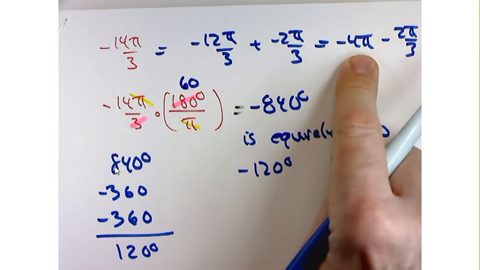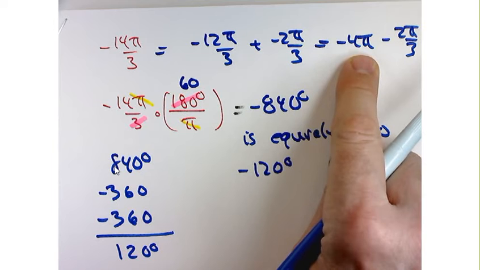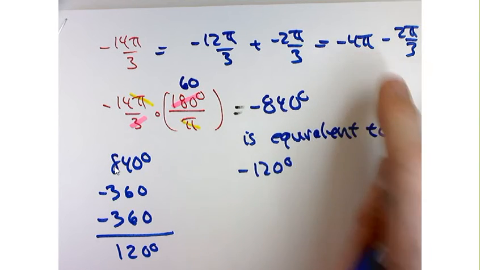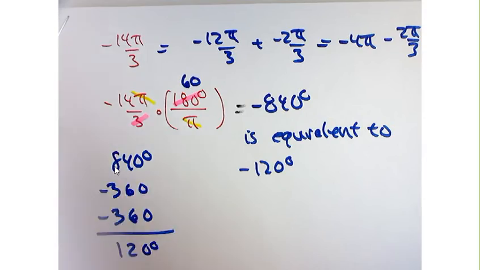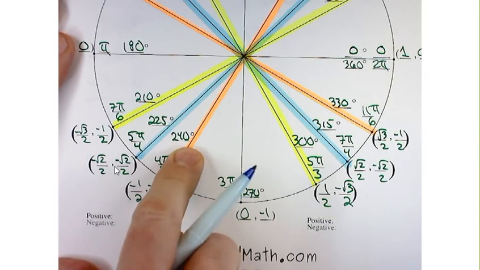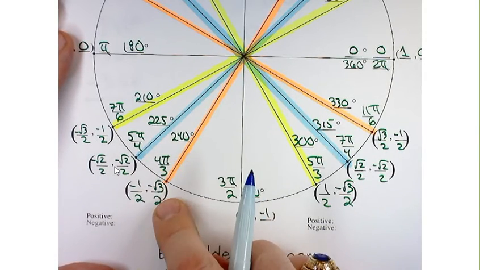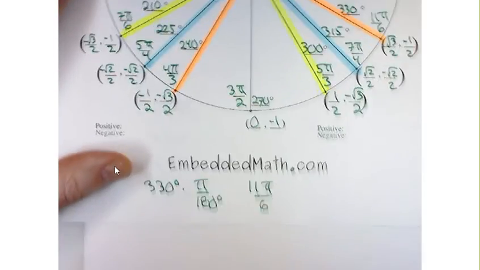And that's twice around the circle in a negative direction, because 2 pi radians is once around the circle. So 4 pi radians would be twice around the circle. It just happens to be going in a negative direction. So it takes you to this angle, negative 2 pi over 3, either way you want to go. Now, negative 120 degrees is going to put you here at 240 degrees. And that's what we wanted. We wanted these coordinate points.